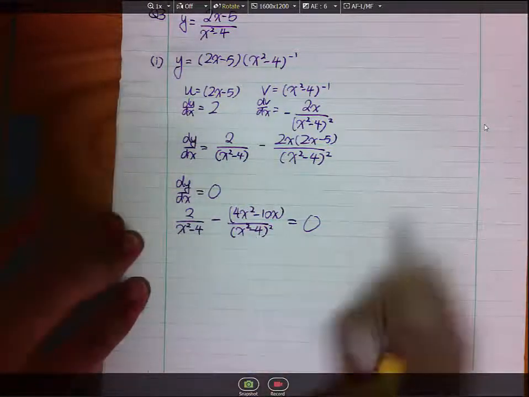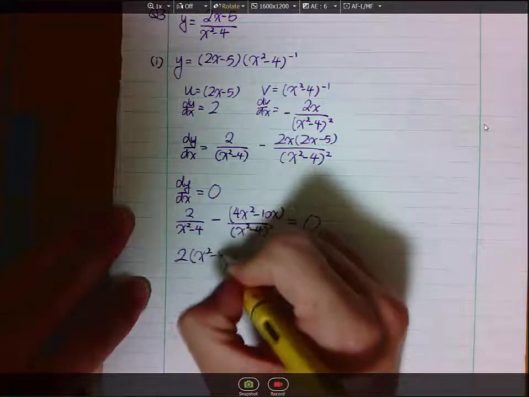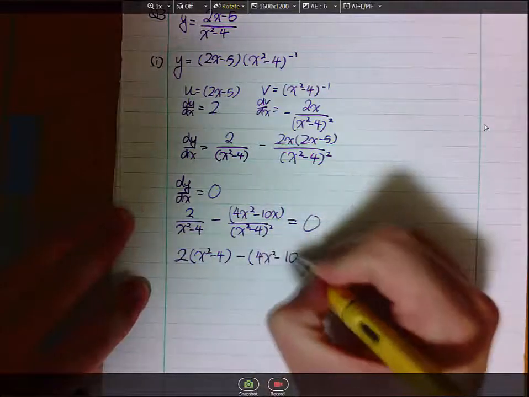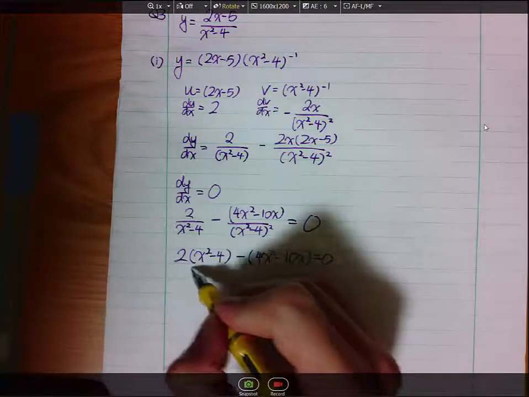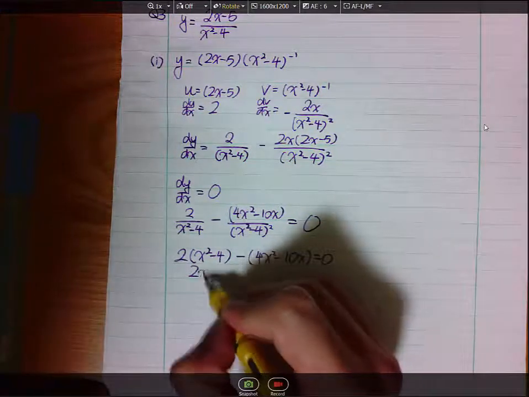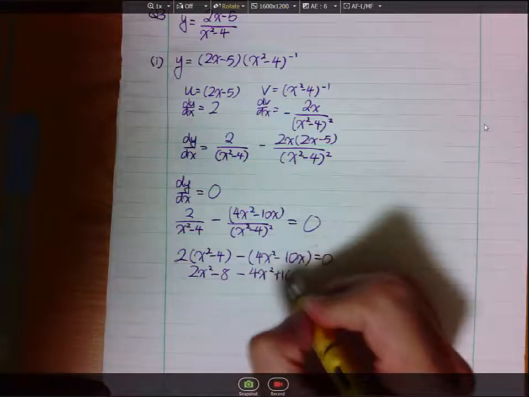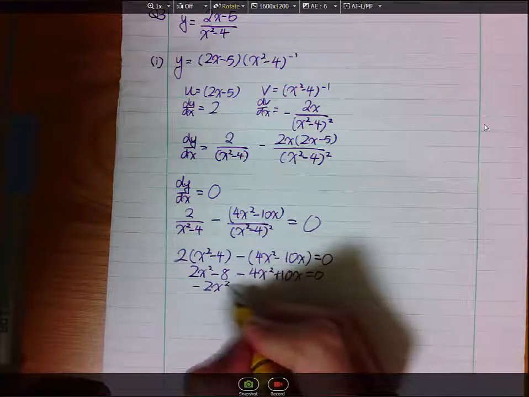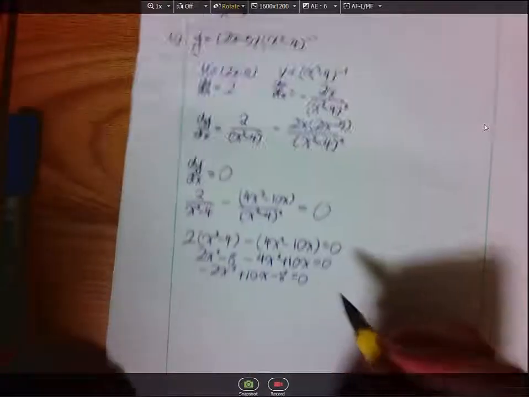So what I achieve here is 2(x squared minus 4) minus 4x squared minus 10x equals 0. Down here I get 2x squared minus 8 minus 4x squared plus 10x equals 0. I get negative 2x squared plus 10x minus 8 equals 0.